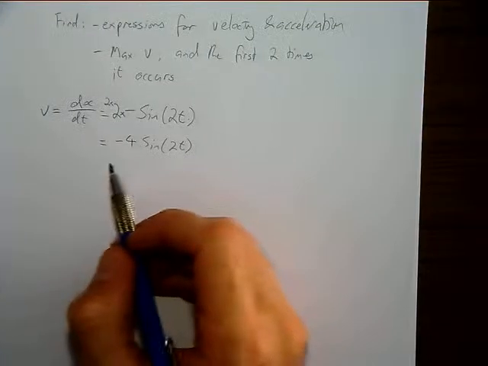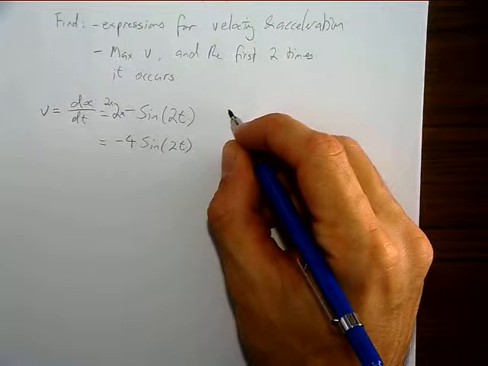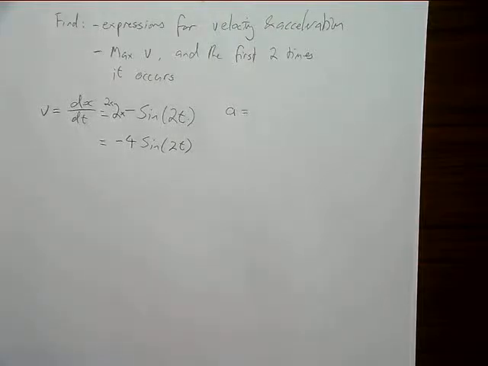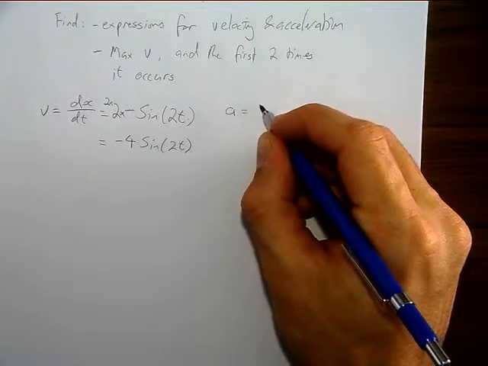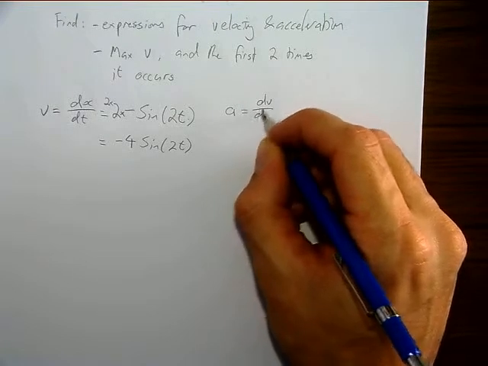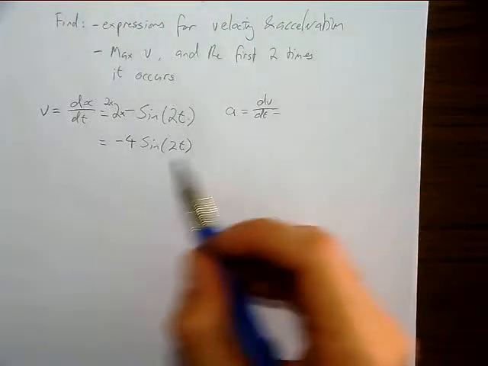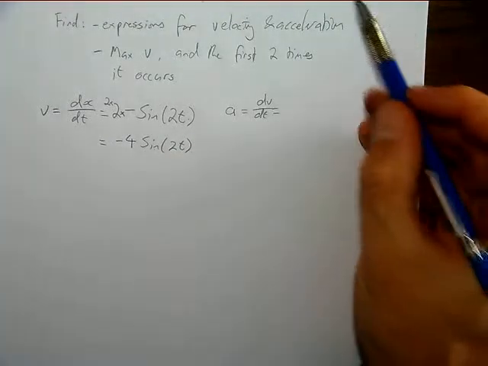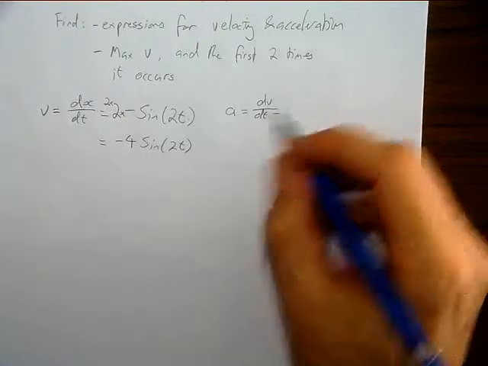We're also interested in the acceleration function. So what is acceleration? How does that relate to velocity? It's the derivative as well. So if we derive velocity, dv/dt, we get acceleration. Once again, a negative sine function becomes a negative cos function.